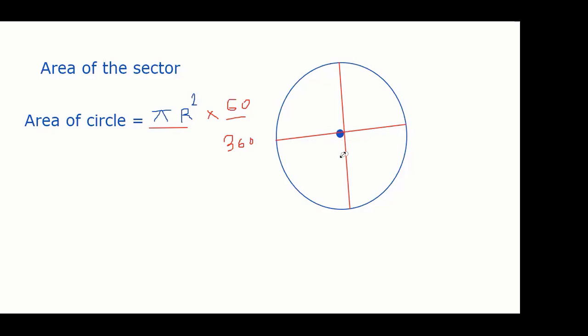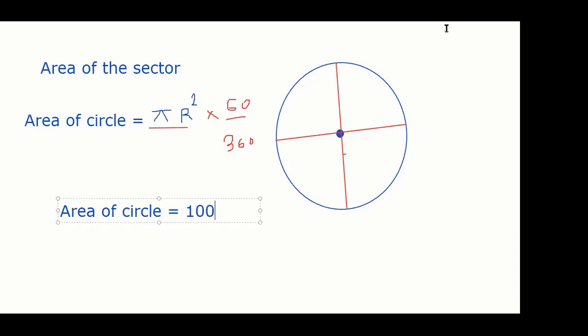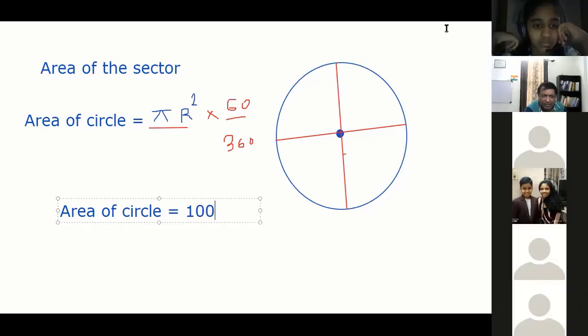Suppose the area of the full circle is 100. What will be the area of each part? 25. What you are doing is 1 by 4, right? Why 1 by 4? Because 4 parts, taking 1 part.